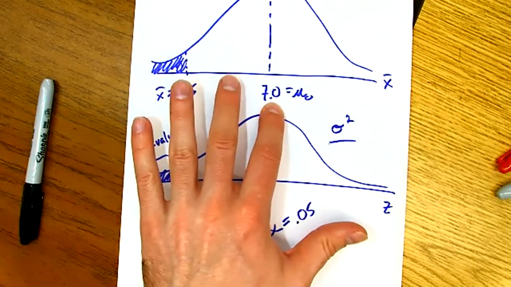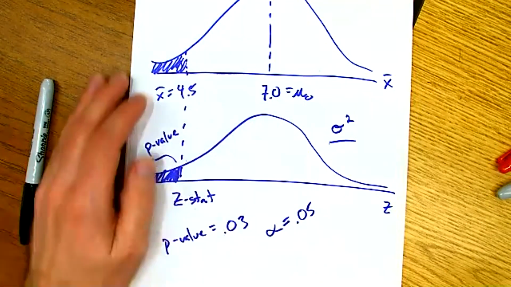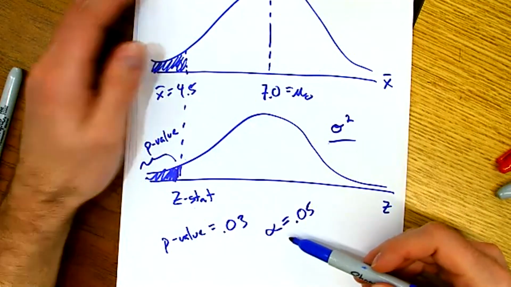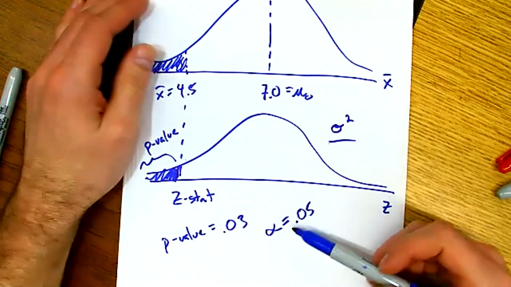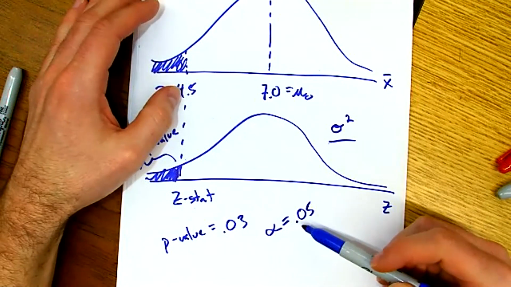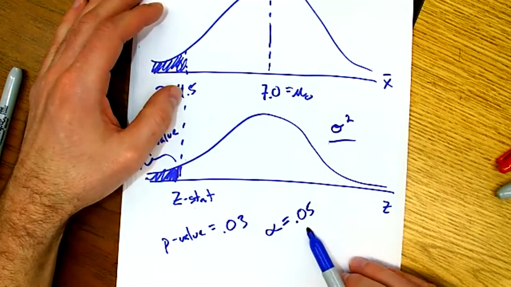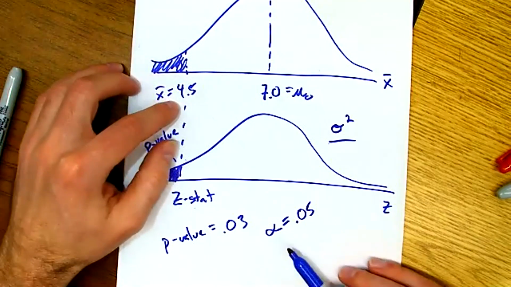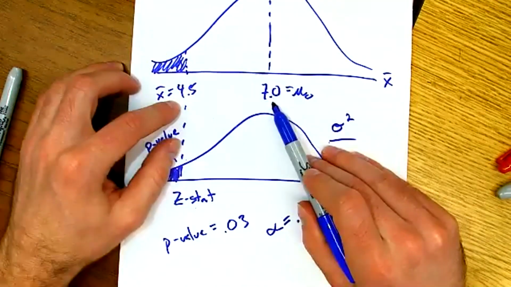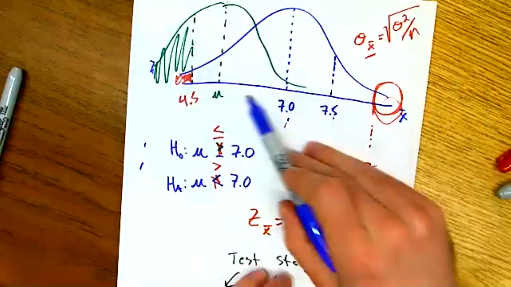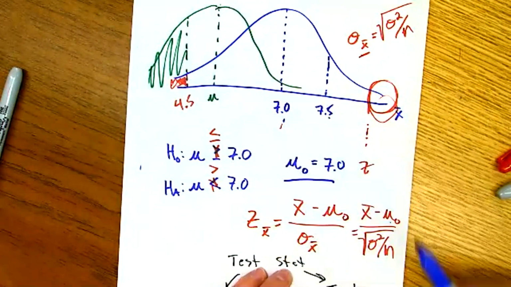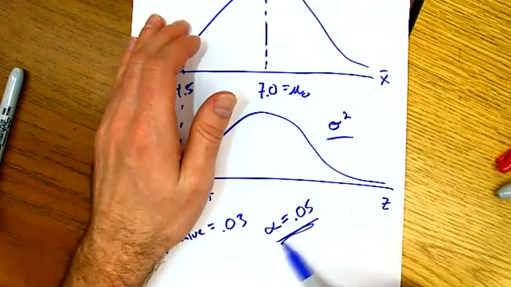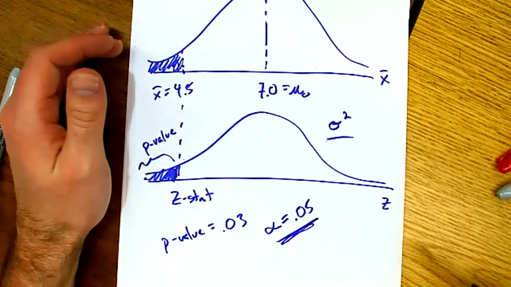I'm okay rejecting my null hypothesis because anything that's less likely than 5%, I'm okay with saying, well, look, it was so unlikely that this can't be the true mean. It's probably more that the true mean is somewhere down here, okay? So I'm going to set that threshold. This is something I choose, alpha, right?